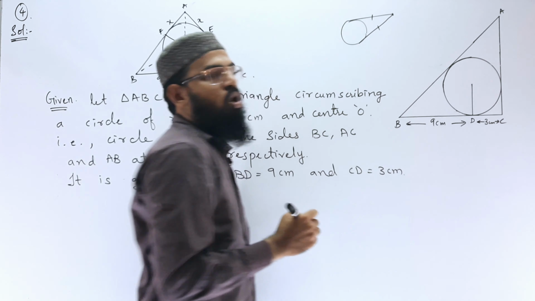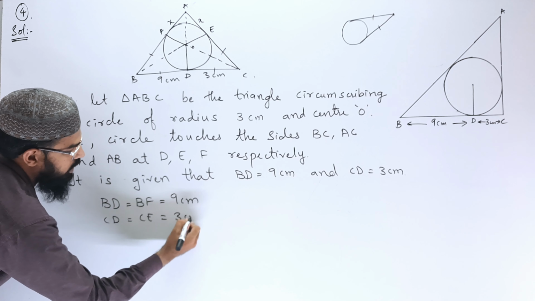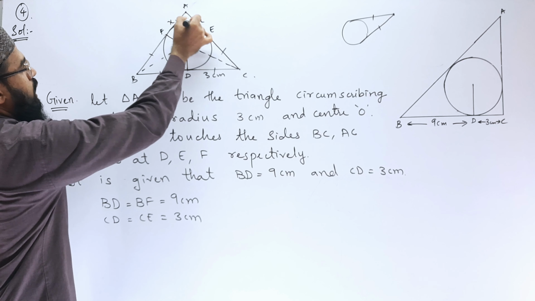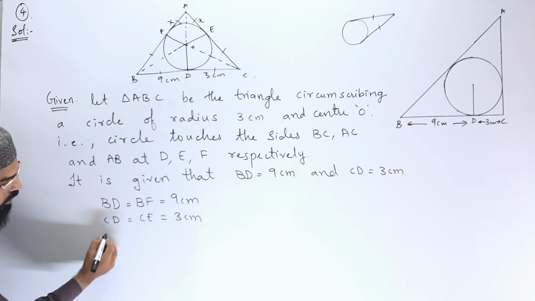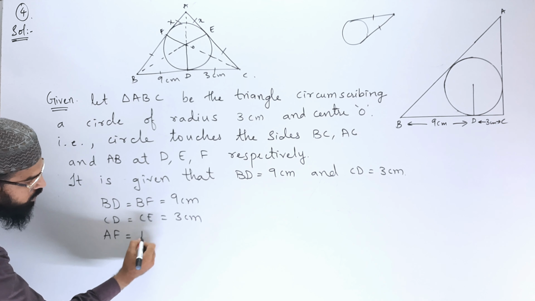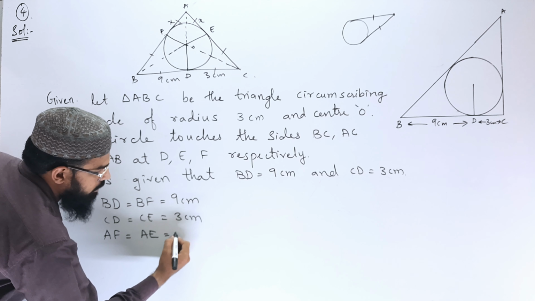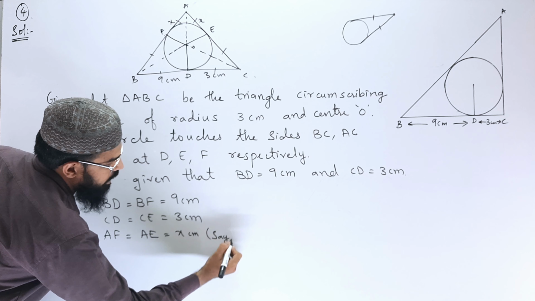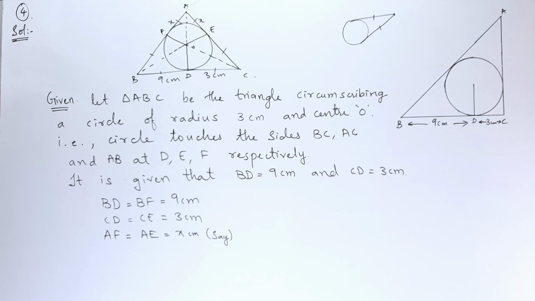Next, CD and CE are also of equal length, so CD equals CE equals 3 centimeter. Next, AF equals AE equals, as we don't know this, let it be x centimeter.